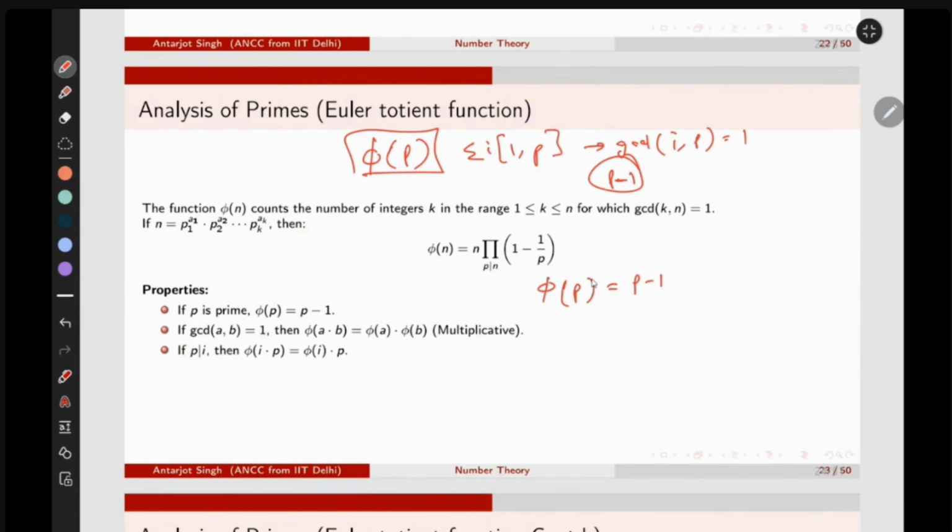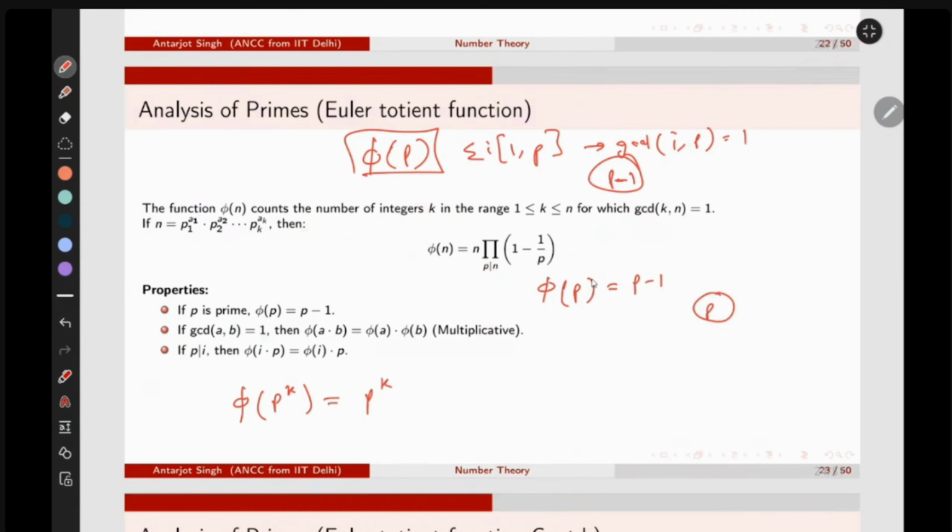But what if we raise the prime to a power? How do we calculate phi of p to the power k? How many total numbers do we have? We have total p to the power k numbers, right? So how many of them are not co-prime with p to the power k?